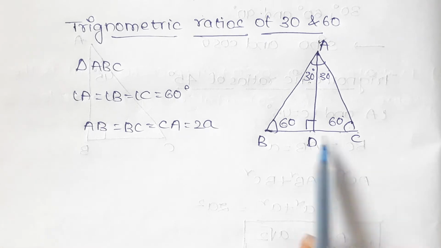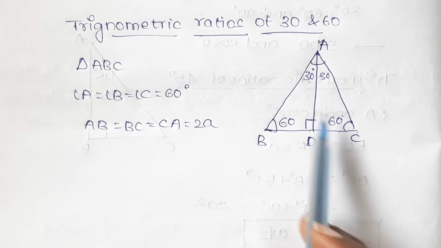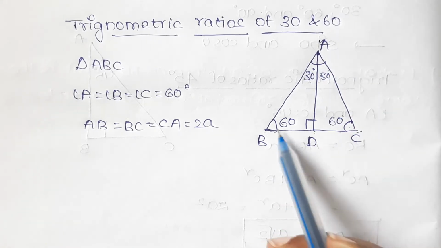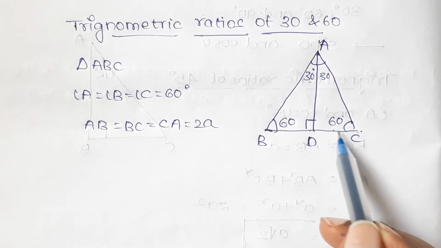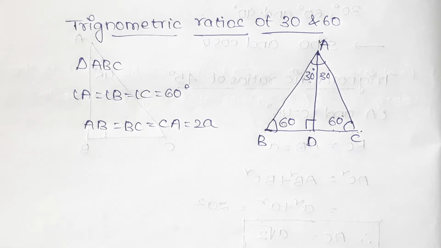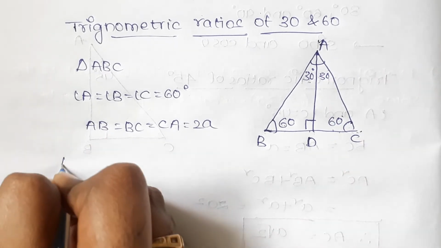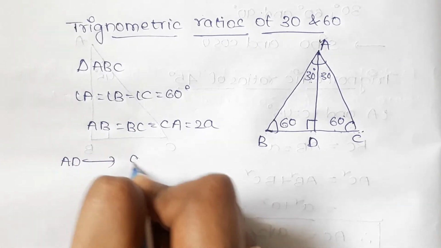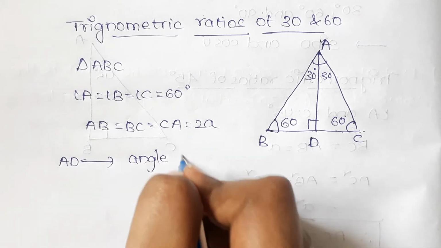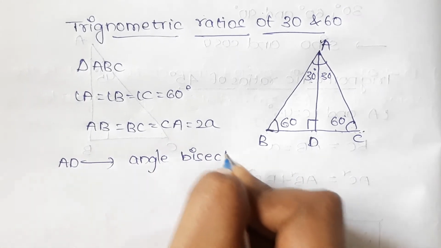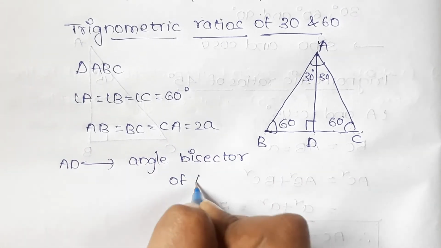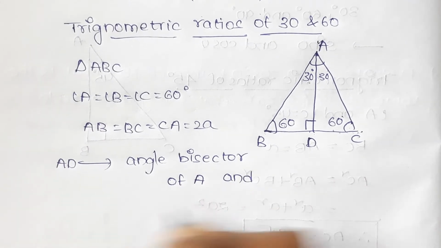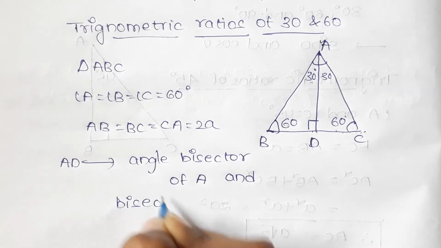And now we have drawn a perpendicular line AD from vertex A to BC, as shown in this figure. And this perpendicular, that is AD, is the angle bisector of angle A and the bisector of side BC.